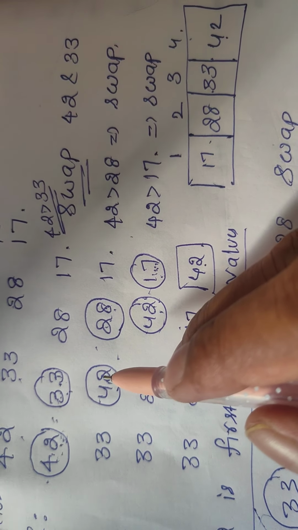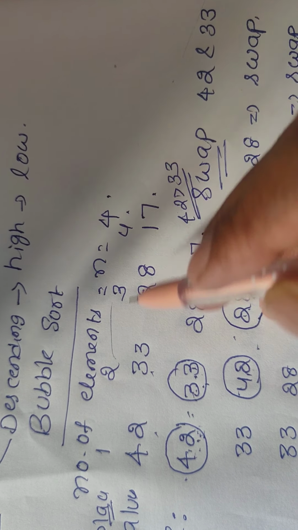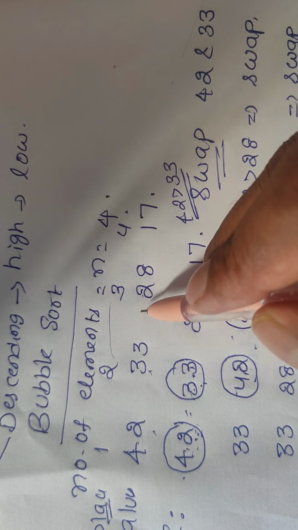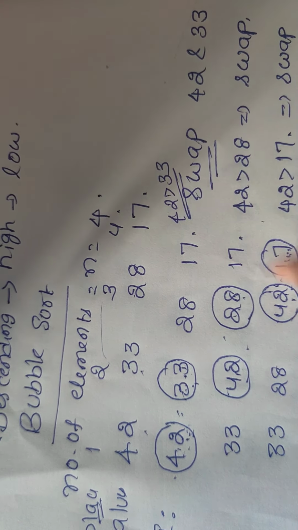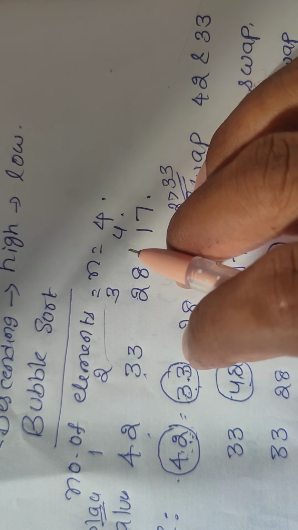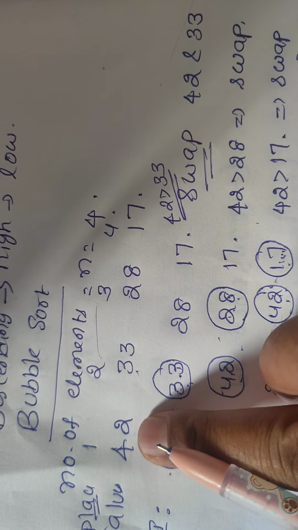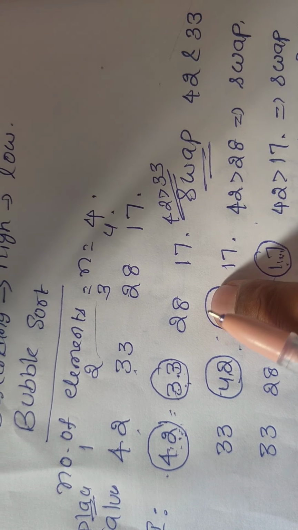That's why I am taking the values in descending order by default. If you want, you can take 42, 28, 17, 33 as you wish. But with this order, the explanation is very clear and easy to understand. That's why I take all values in descending order and arrange them in ascending order.